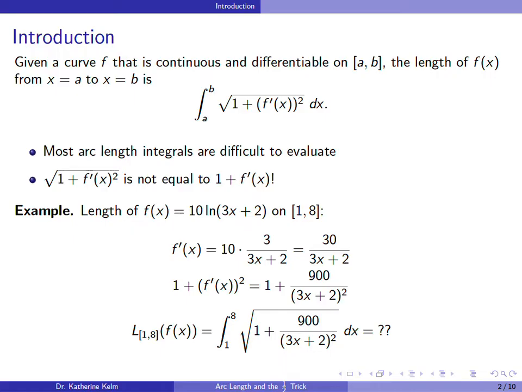So the length of f of x from 1 to 8 is the integral from 1 to 8 of the square root of 1 plus 900 over 3x plus 2 all squared dx. This is a perfectly good integral, but how to evaluate it? This is a very challenging integral to evaluate.